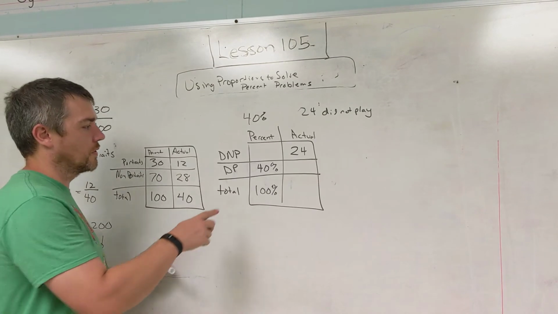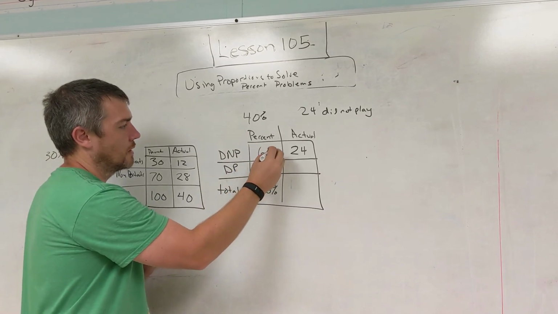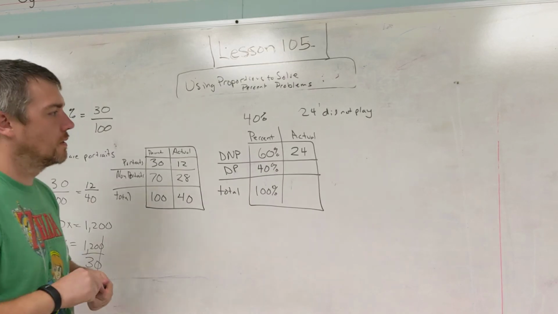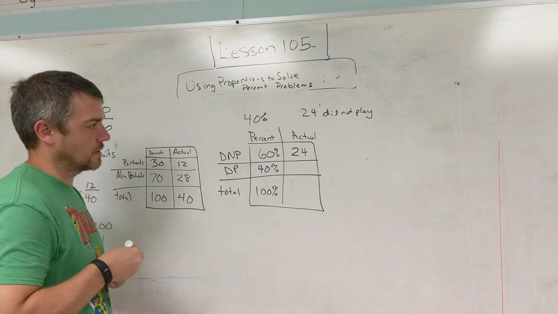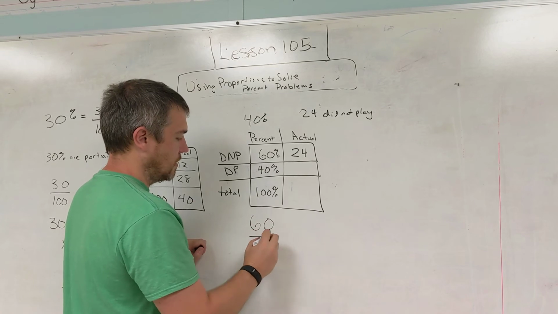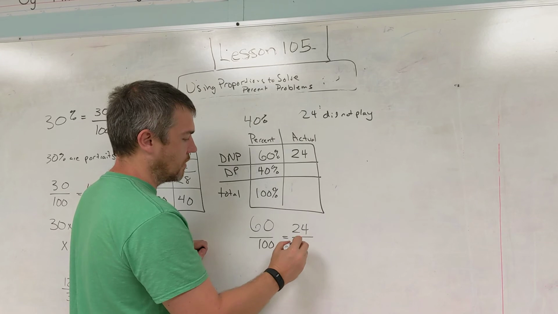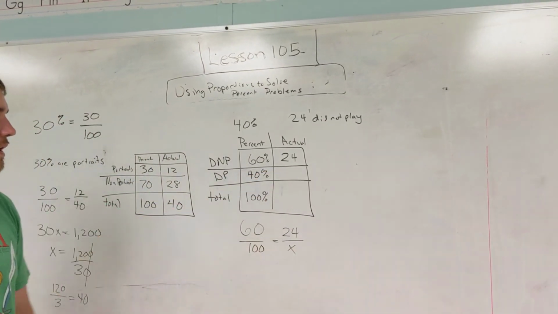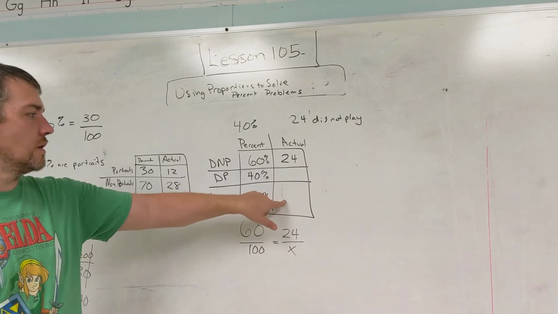Okay. So if we know the number that did play was 40%, we know the number that did not play is 60%. Since that's our actual, we're going to find the total next, because we can say that 60 over 100 is equal to 24 over a certain total. We can't find the did play yet. We're going to use this ratio, 60 over 100, to find the total here.